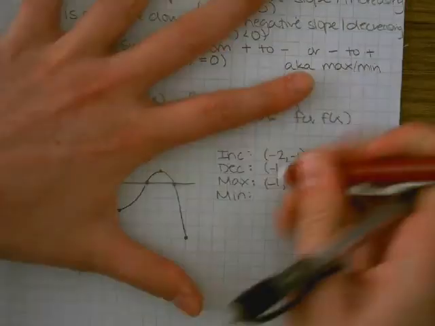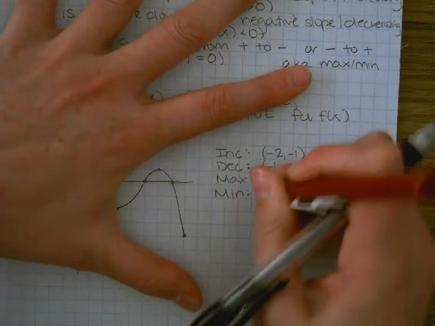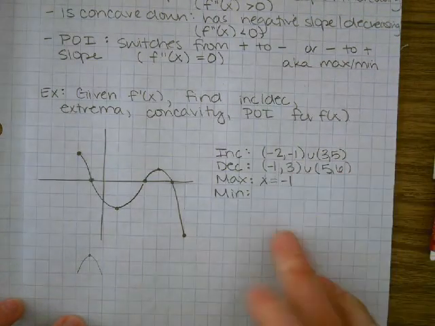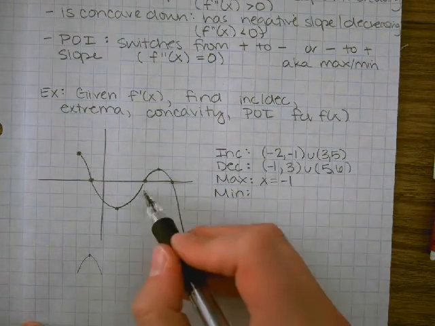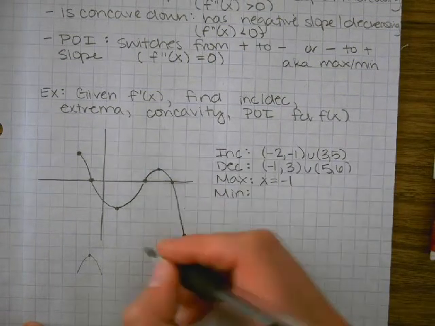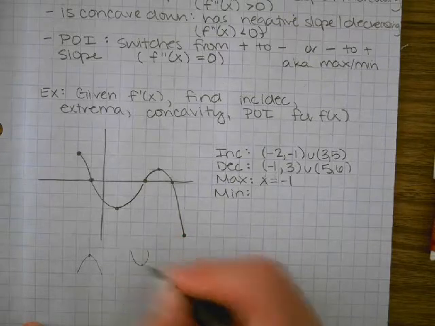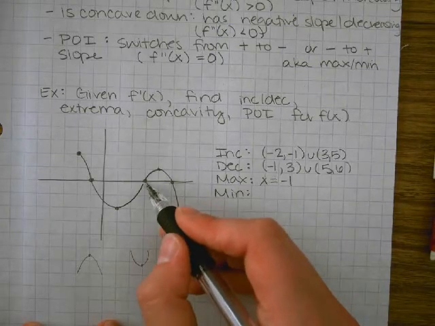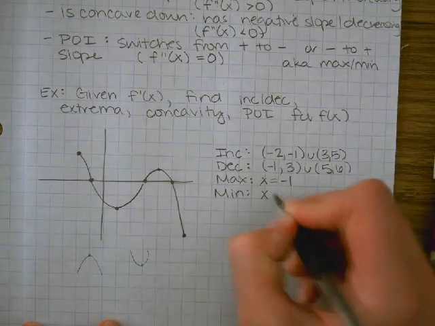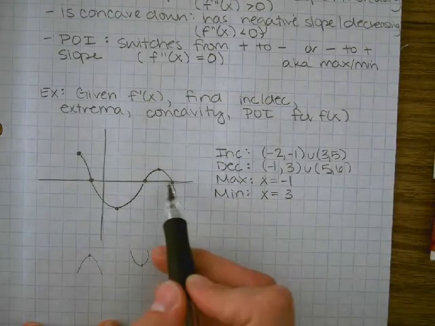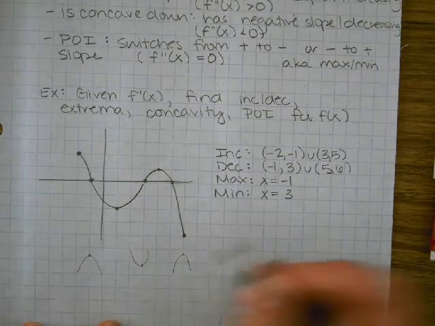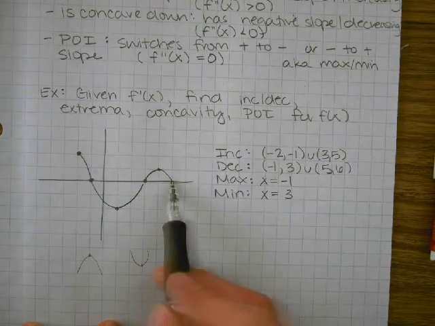And actually here we don't have a function to plug it into to find the y coordinates, so I'm just going to say x equals -1. Alright, and then here we switch from decreasing to increasing. Switching from decreasing to increasing means that that is a minimum value. So we have a minimum at x equals 3. And then here we're switching from increasing to decreasing again. So increasing to decreasing means that we have a maximum at 5.